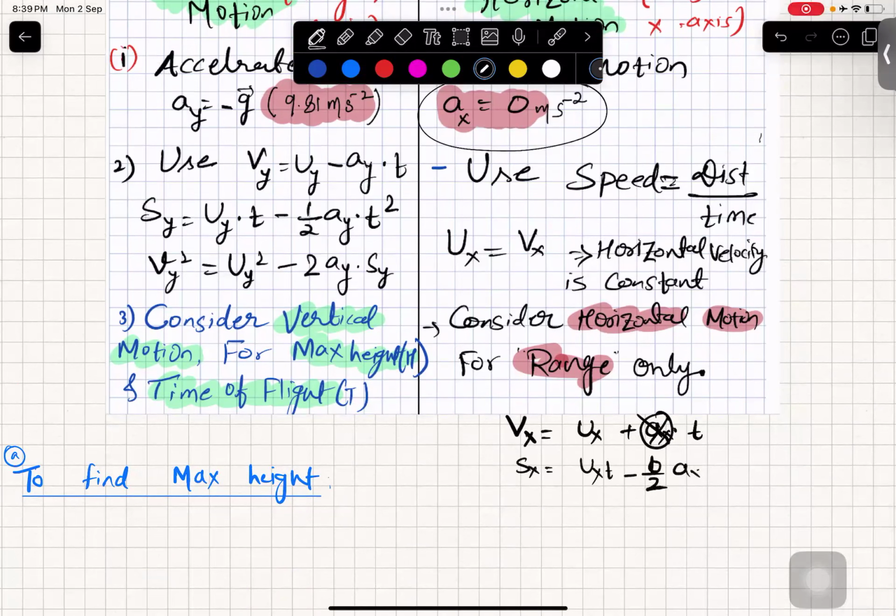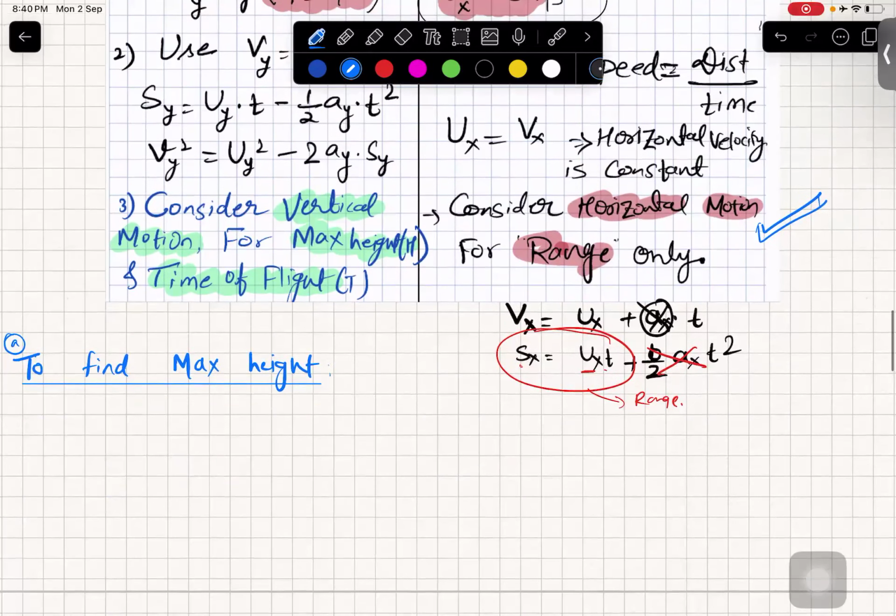Again, the acceleration in the x direction is zero. So this equation tells me that the displacement in the x direction is the horizontal velocity times the time, and that is what we calculate as the range. Using that horizontal velocity, you will be able to calculate the range of the projectile.